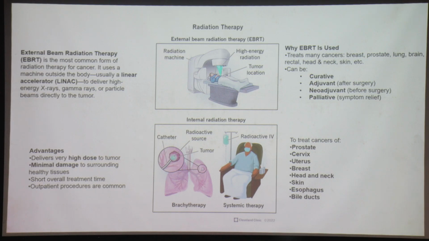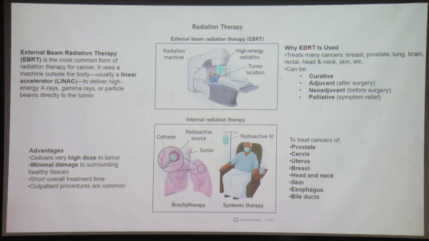So you are afraid that there may be some cells which are still lingering around the place where you have surgically removed it. Now you shine radiation. If by any chance some cells are lingering around, they will die. Makes sense? So that is called adjuvant therapy after the surgery.